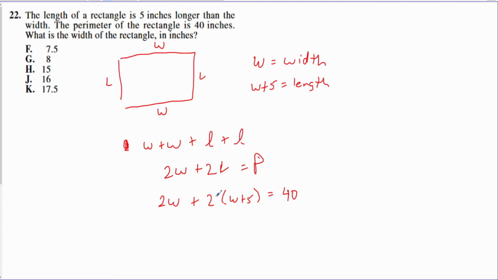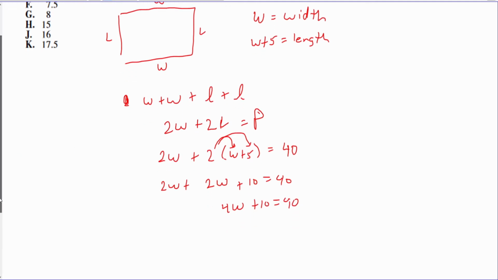If I simplify this, here's what I got. This is 2W plus 2W, and because I'm distributing, we'll get a 10. That makes 4W plus 10 is equal to 40. If I subtract 10 from both sides, I find out that 4W is equal to 30.